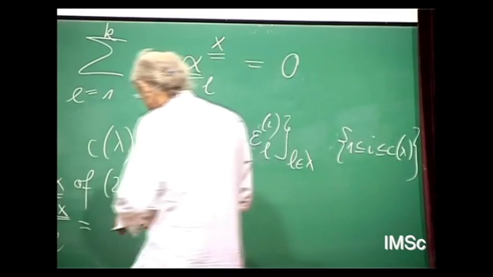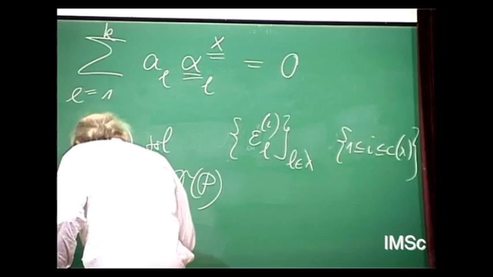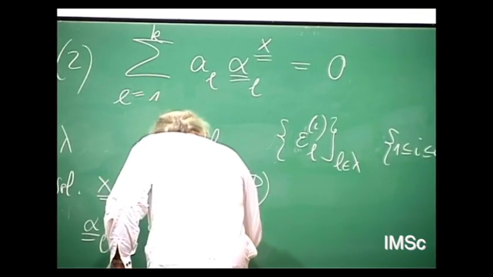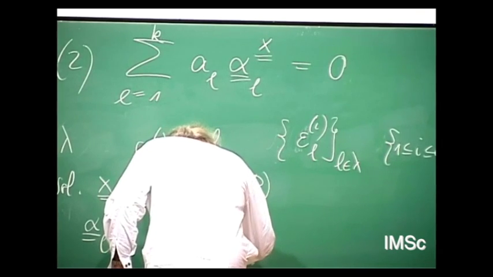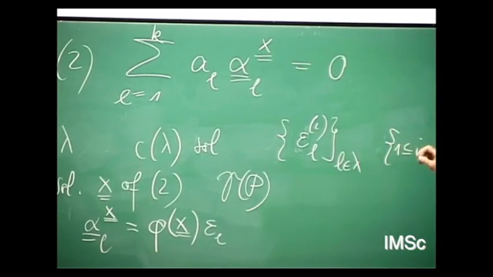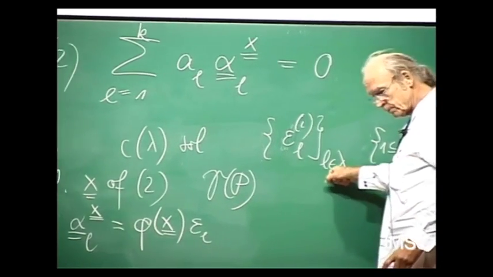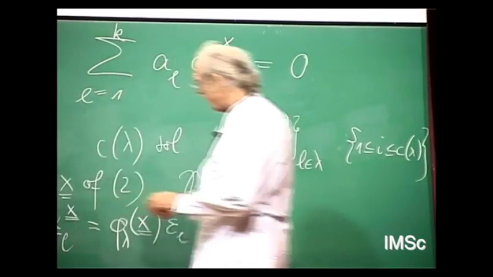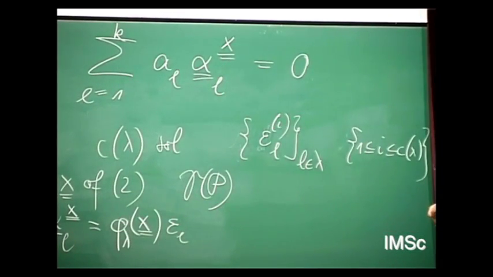So we can write it as phi of x times epsilon L. Now, to indicate that we are within our small subset lambda, I write here for the factor of proportionality phi lambda.